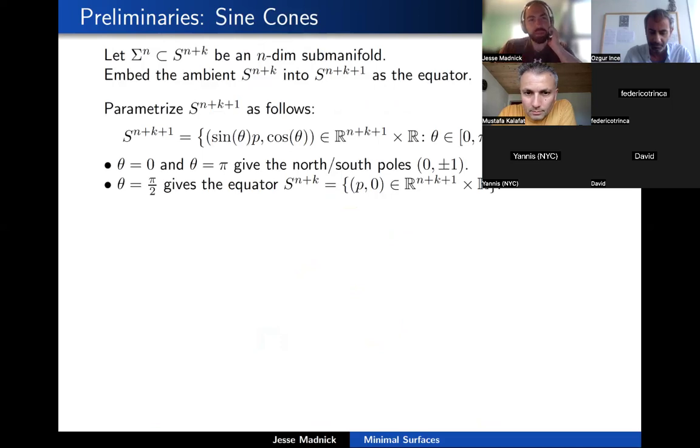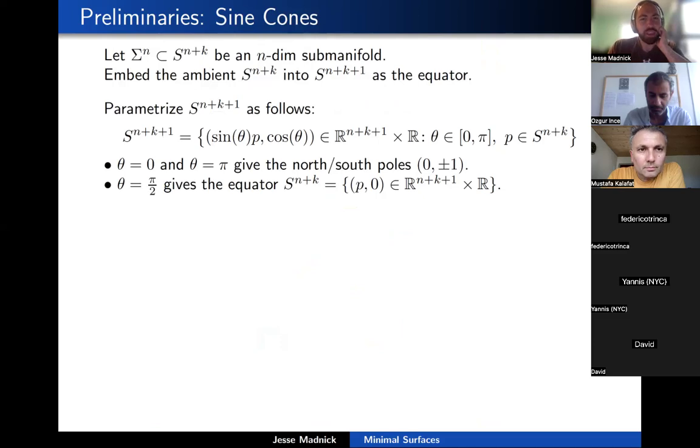I can parameterize the n plus k plus 1 sphere in the following funny way: the points are pairs (sine theta p, cos theta), where theta is in [0, pi]. What you should imagine is that theta equals 0 gives you the North Pole, theta equals pi gives you the South Pole, and theta equals pi over 2 gives you the equator.